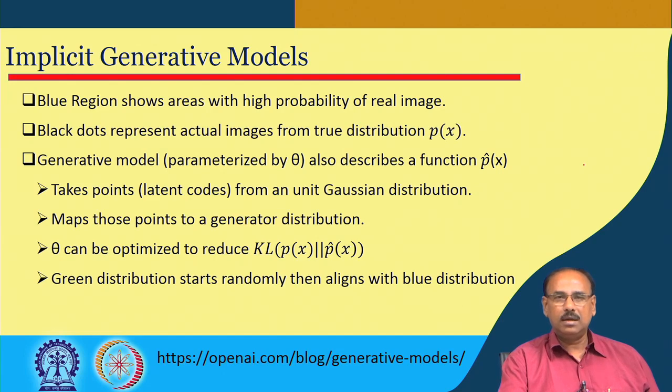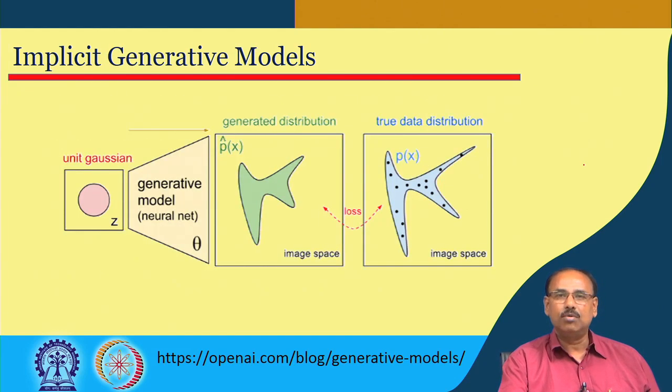This was generated by sampling points from, say, a Gaussian distribution, and then theta is optimized by minimizing the KL divergence between p x and p hat x. Eventually the green distribution, which initially starts randomly, gradually aligns to the blue distribution, as was shown over here.